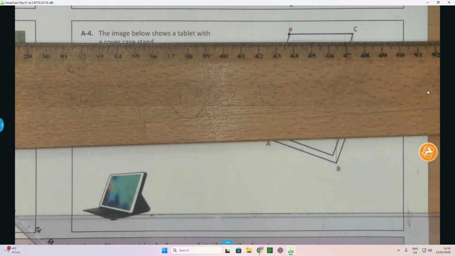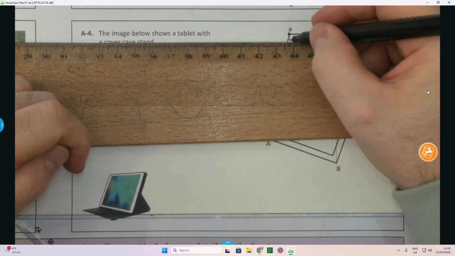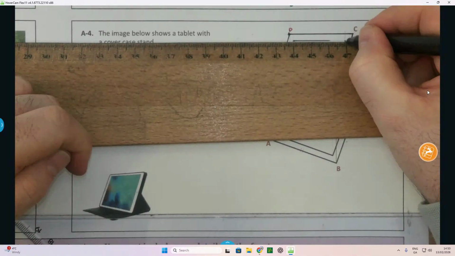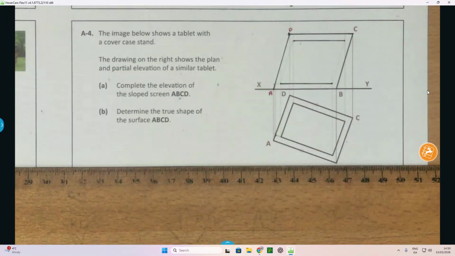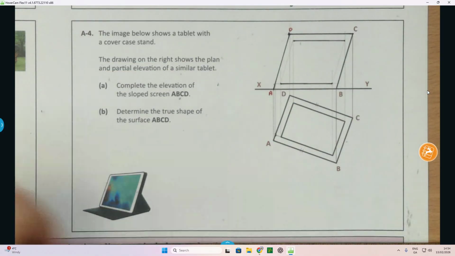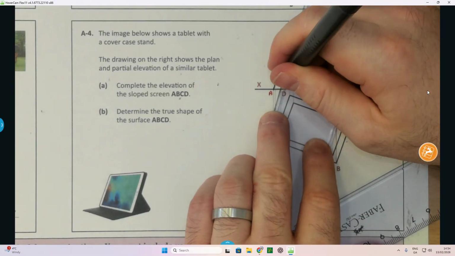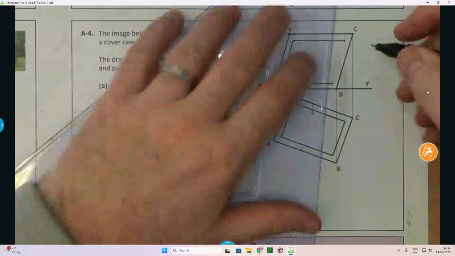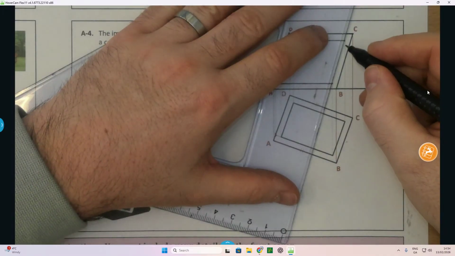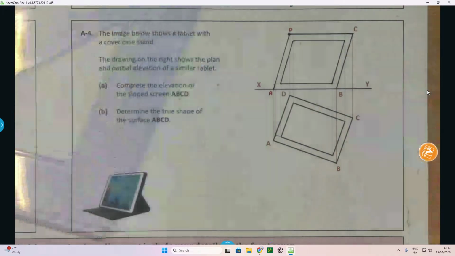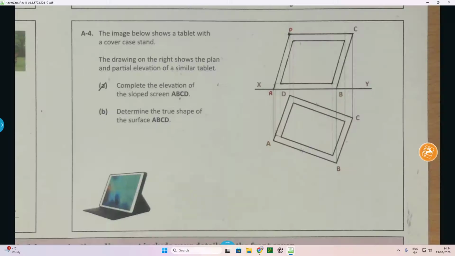Not bad. And there we go. That's a nice little question. Just heavy that in now. And there we go, part A complete.